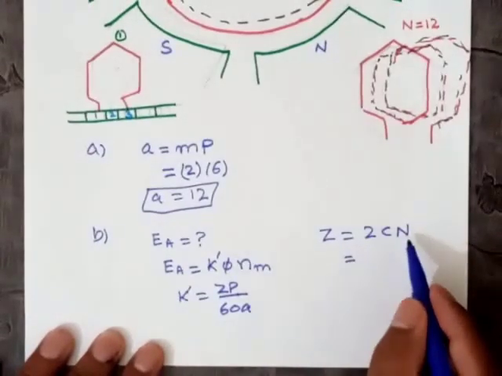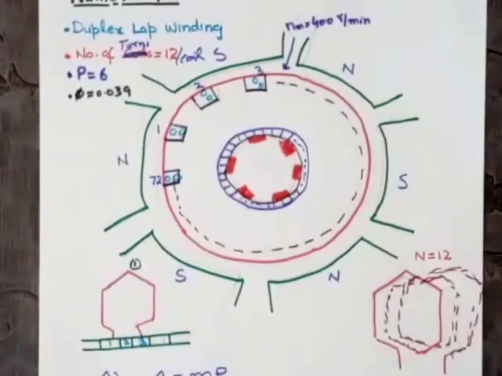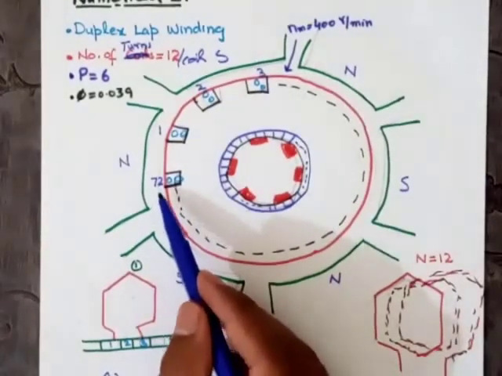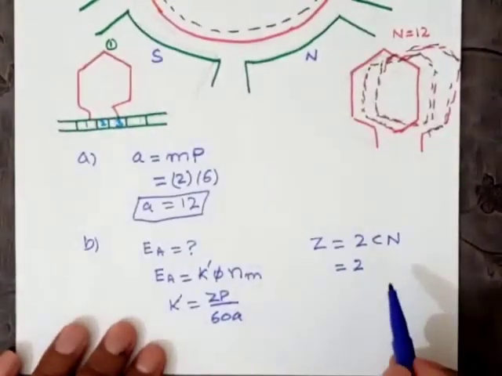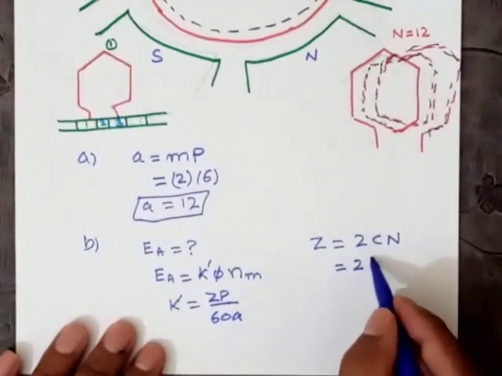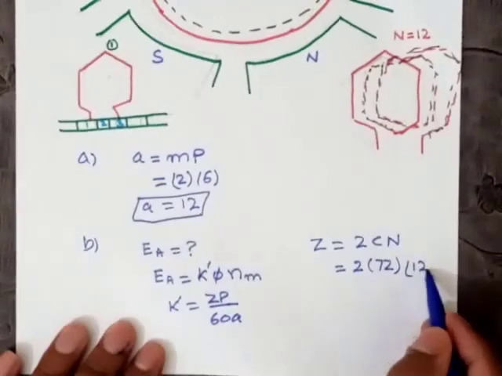Putting the value of C and N in this equation, the number of coils are given here 72, and the total number of turns in each coil are 12. So the value of C is 72 and the value of N is 12.